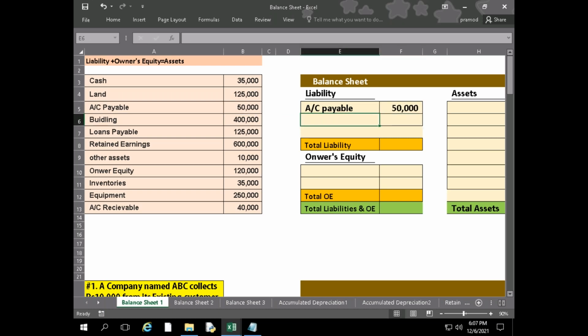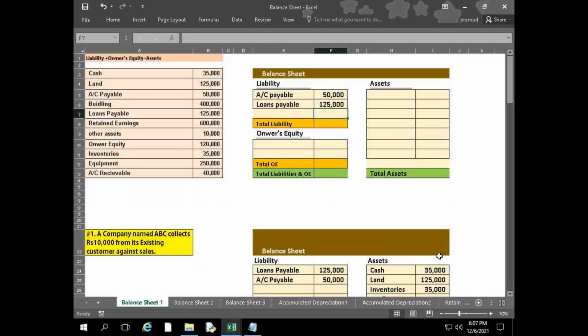The next is building, which is an asset. Loans payable is a liability. That is 1,25,000. Now for the asset side: my cash is an asset.